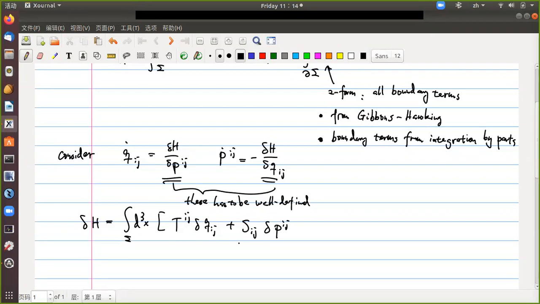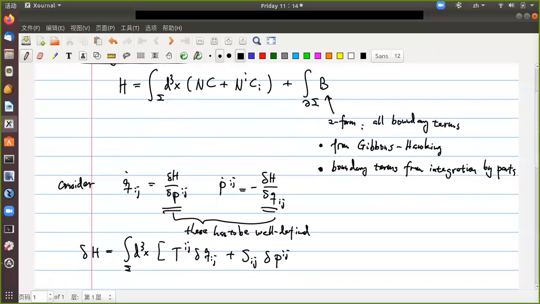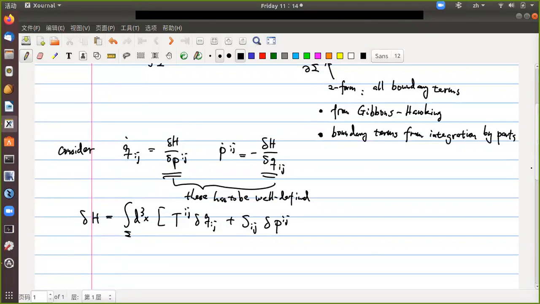Both t and s are functions of p and q, and are also related to N and N^i, all the dynamical variables. But in this calculation, to compute the variation of H, you are going to get some boundary terms.